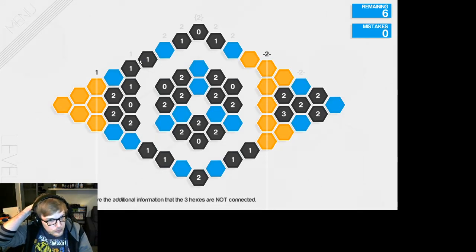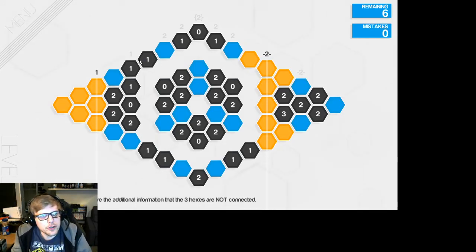Okay. This is another interesting situation. So for this 2, it's already adjacent to this one, so it's one of these 2, but we don't know which one. And then for this 2, it's already adjacent to this one, so it's one of these 2. So it is one of these 2 and one of these 2.